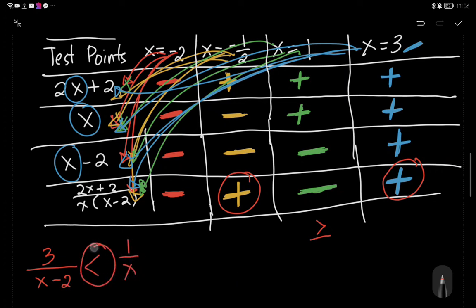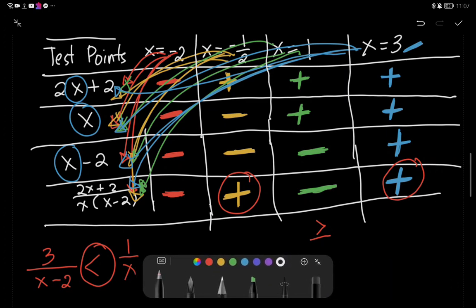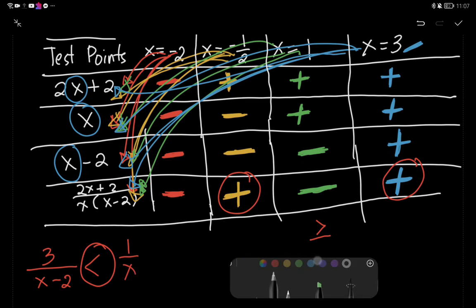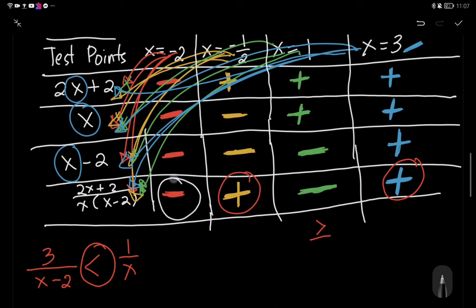Pag less than gani ang ato ang inequality symbol nga gamiton, ang correct answer or correct solution kay katong nag-negative. Remember, basta less than gali ang inequality symbol nga gigamit sa ato ang inequality, rational inequality, ang correct answer kay ang katong nag-negative.